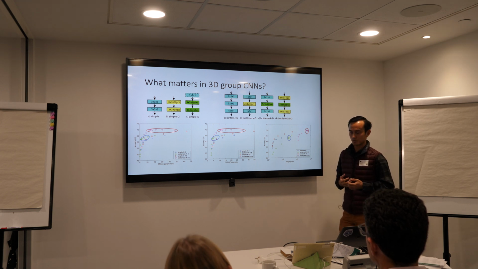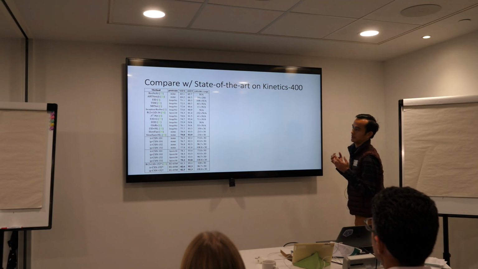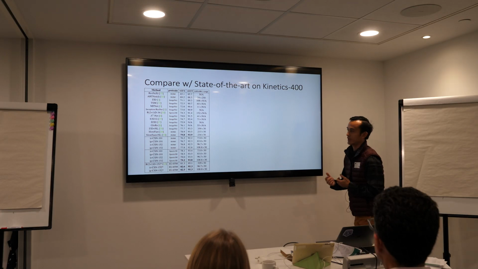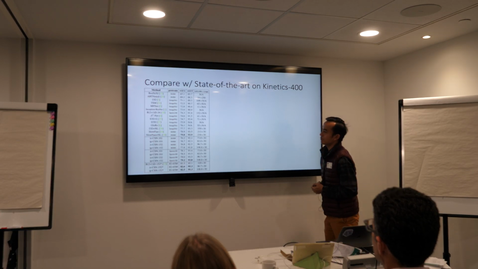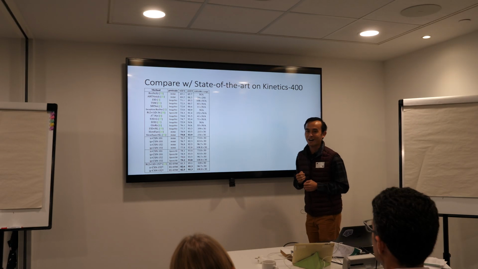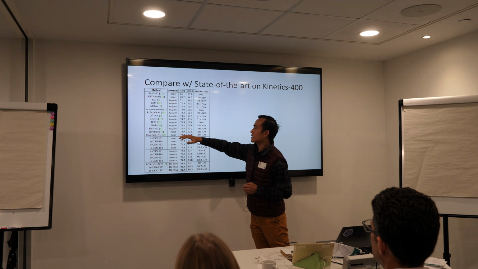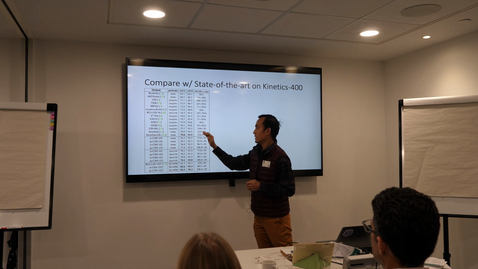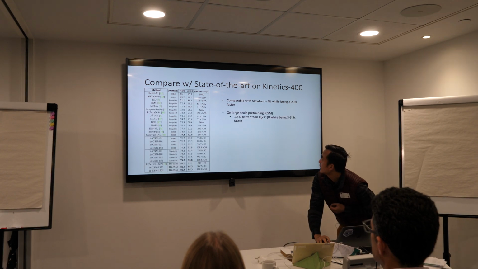model performs. Now we take our CSN model and train and retrain it, comparing against various models. What we found is that our models' performance is comparable to SlowFast, but about 2 to 3 times faster than SlowFast.